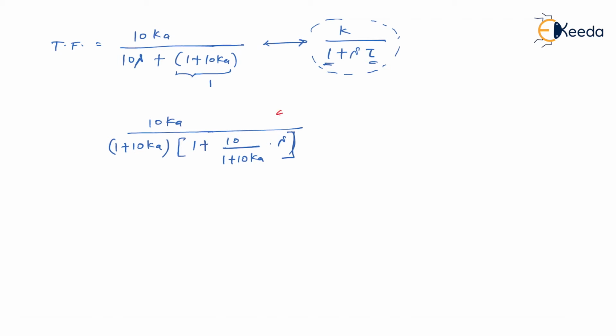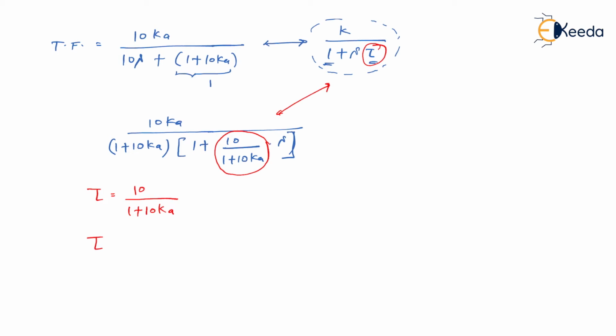Am I right? So by comparing, I can say the coefficient of s is nothing but tau. So here the coefficient is 10 upon 1 plus 10 Ka. This is nothing but the time constant. So the time constant that I have is 10 upon 1 plus 10 Ka. I hope you got my point. This is tau for the closed loop system.